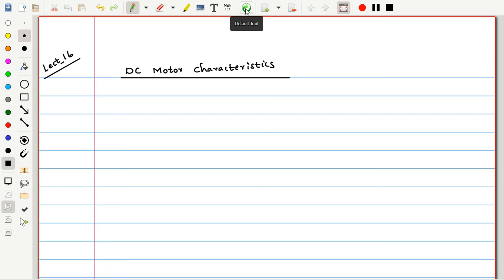So let us see now the basic idea of the machine. The generalized function of the DC motor looks like this. If this is the motor, the input to the motor is electrical in nature. So the P in is electrical in nature.